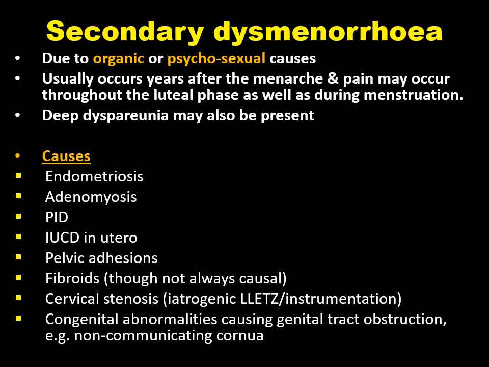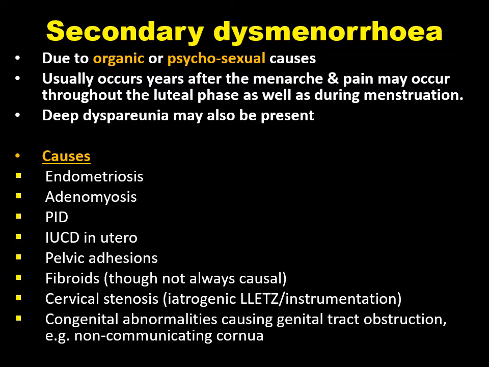Possible causes: endometriosis, adenomyosis, pelvic inflammatory disease, IUCD in the uterus, pelvic adhesions either due to endometriosis, pelvic inflammatory disease, or previous surgeries. Fibroids are usually associated with congestive dysmenorrhea. It depends on the position of the fibroid. Also cervical stenosis and congenital abnormalities causing genital tract obstruction, such as a non-communicating cornu.